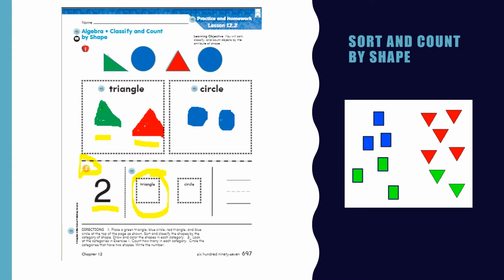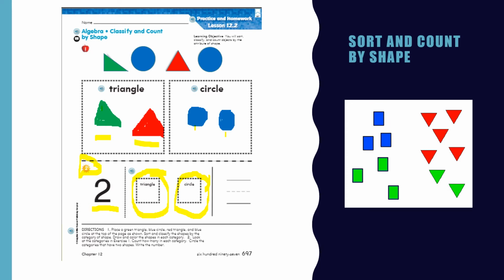Now we're coming over here to the circle box. Are there 2 circles? 1, 2. Yes, there are 2 circles. So we need to circle the circle box. Okay, now we need to count again.